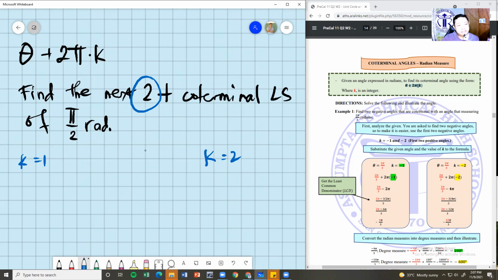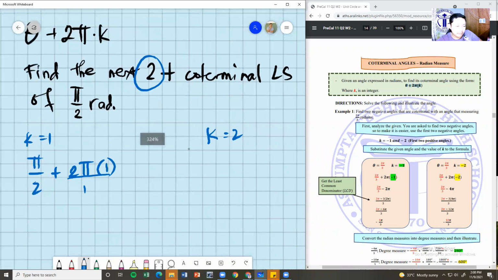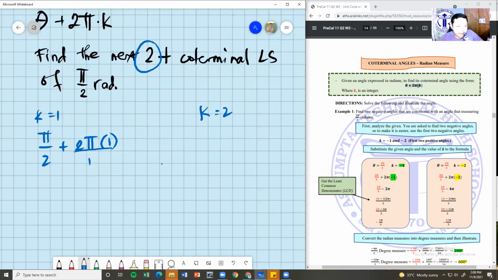So let me just show this. We have here pi over 2 plus 2 pi times your k, which is 1. So this is over 1. This becomes 1 times 2 pi, that's 2 pi still. So therefore, I have here pi over 2 plus 2 pi. However, I need to have the same denominator.